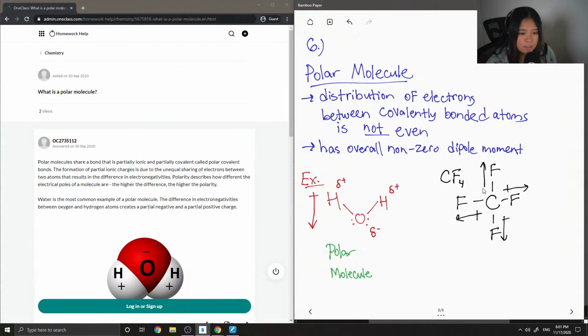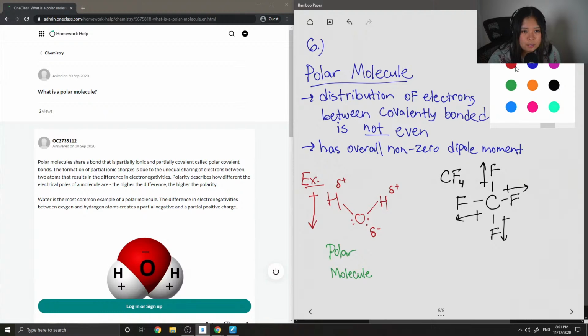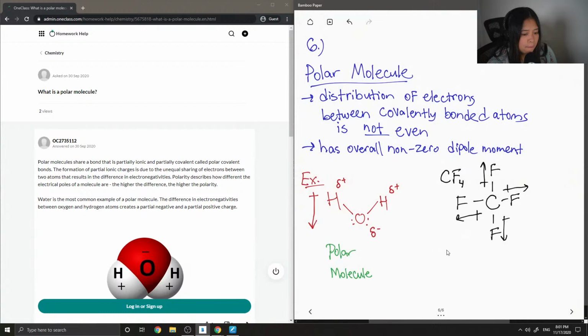But since all these fluorine atoms are equally surrounding the carbon, all these dipole moments cancel each other out. So CF4 has no dipole moment.